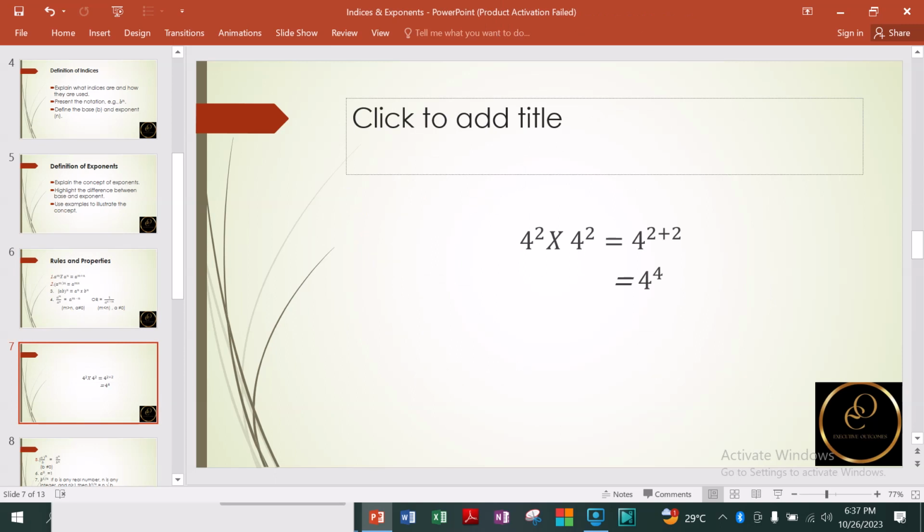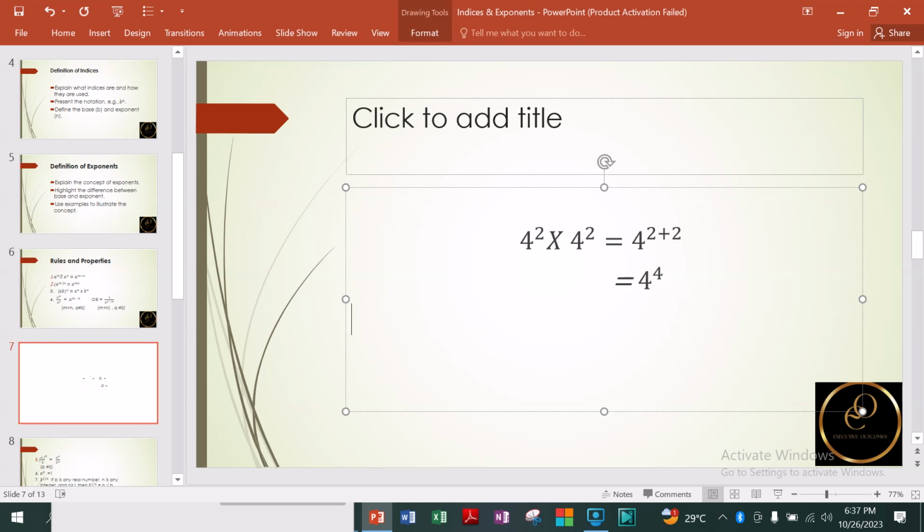So when that is the case, you work out this one, what does it give us?